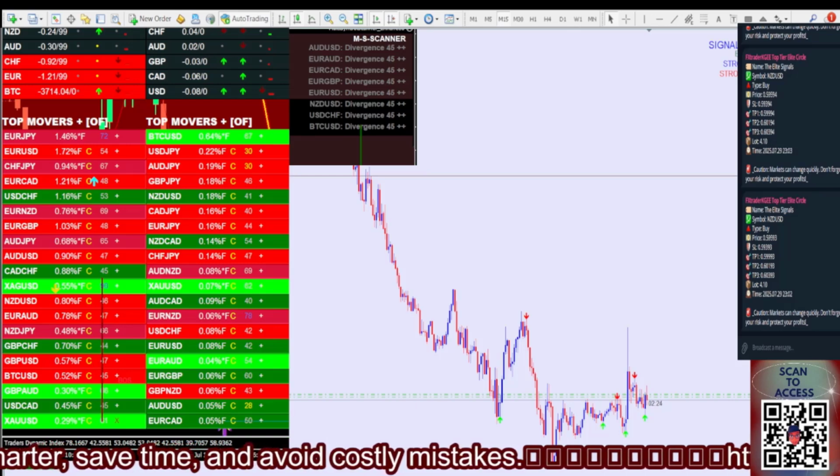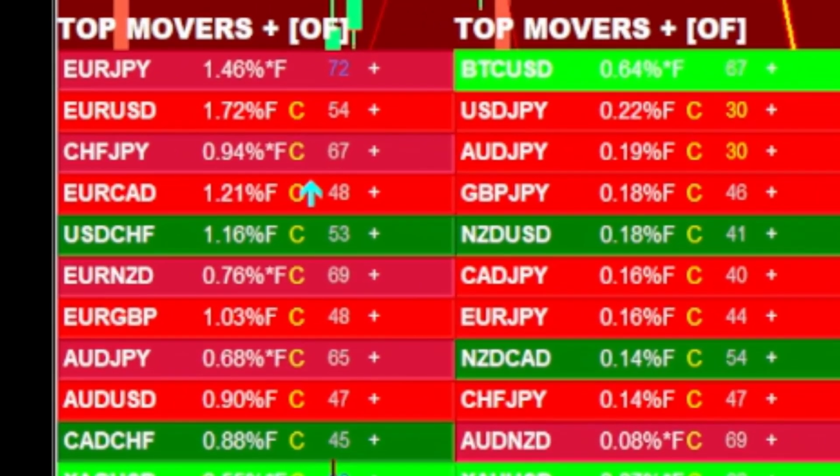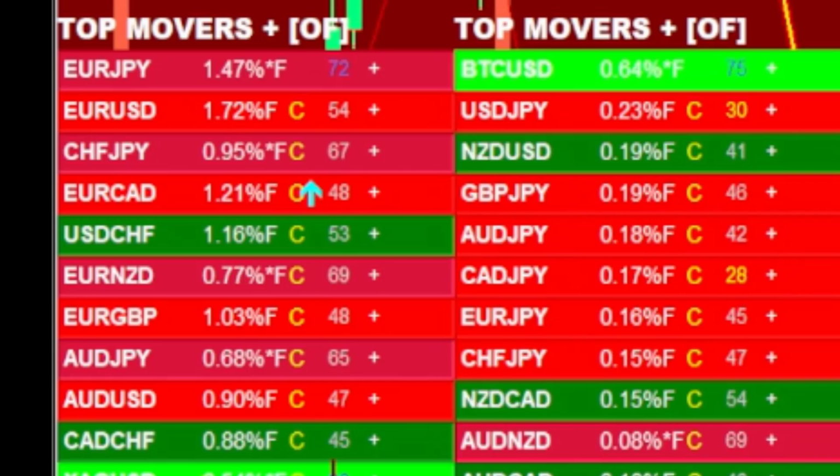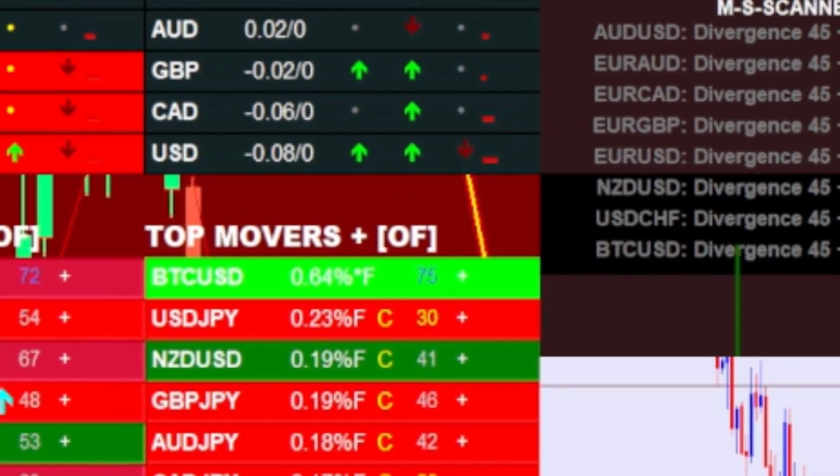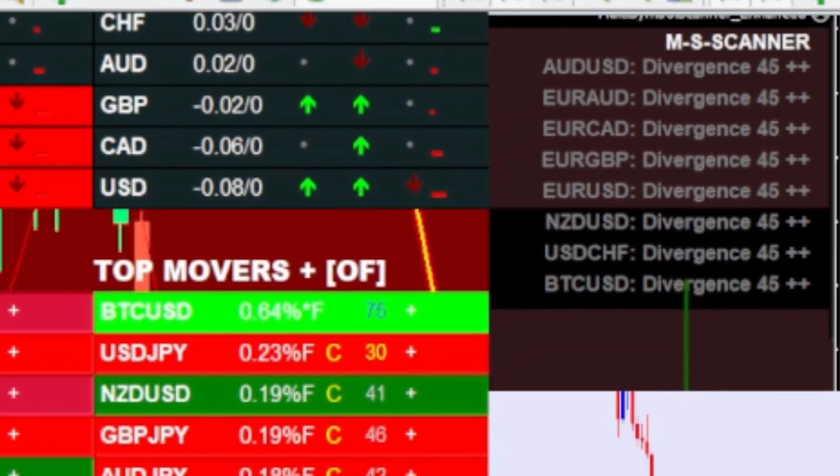What do we have with EURCAD? In the bigger picture, it is selling. So I'm trading based on the divergence we have. That means between the bigger picture and the intraday price there is a divergence. One can be selling and the other buying. Intraday here is buying, so I'm going to trade EURCAD.